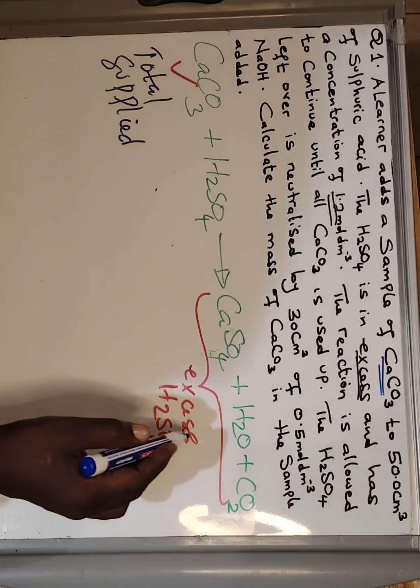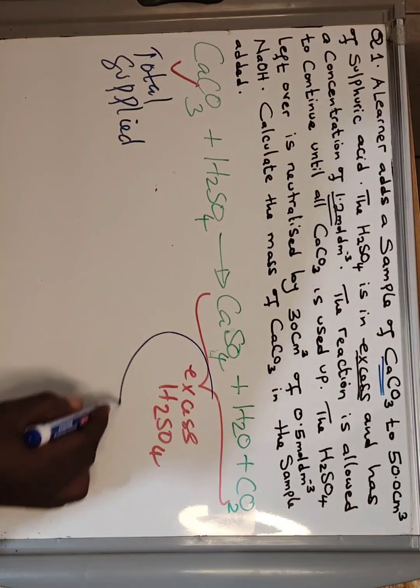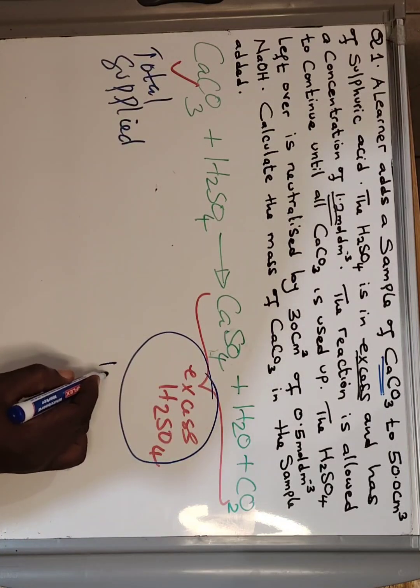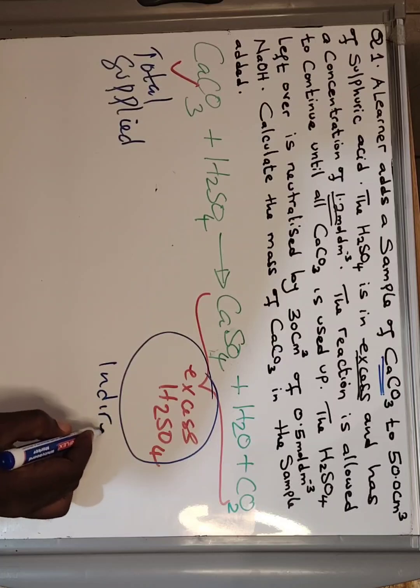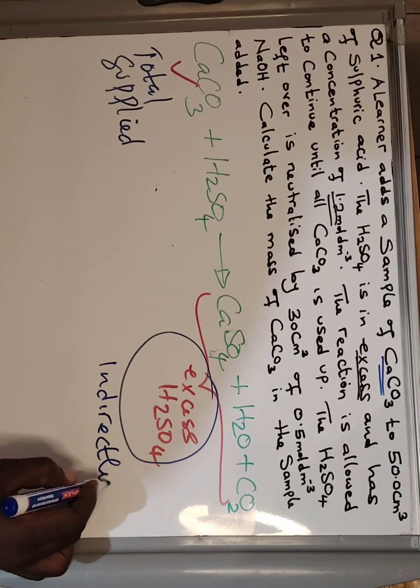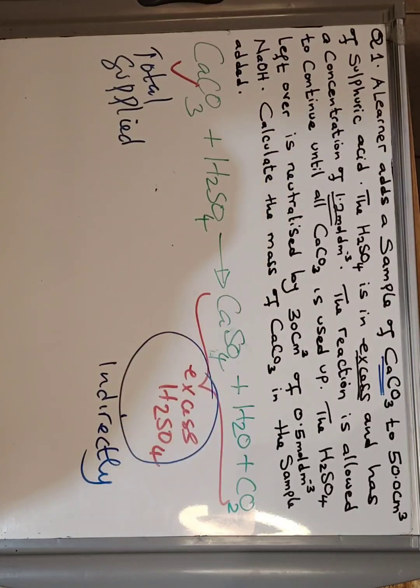We know the excess. We can get it indirectly because it reacted with the known number of moles of sodium hydroxide.